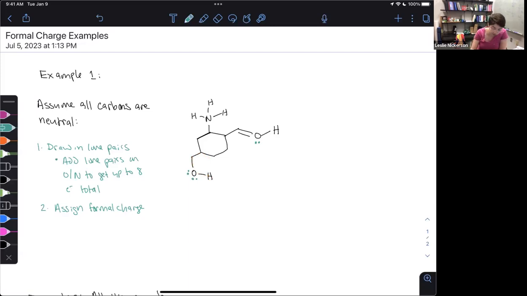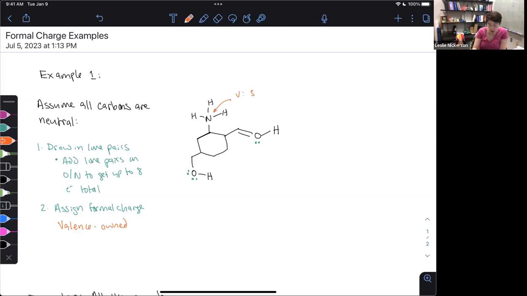Okay, so now that we have our lone pairs, we can go ahead and get to assigning our formal charge. Remember, this is going to be valence minus owned. Owned is going to be the number of bonds and all the lone pairs added up. So let's start with our nitrogen. For nitrogen, our valence is going to be 5.